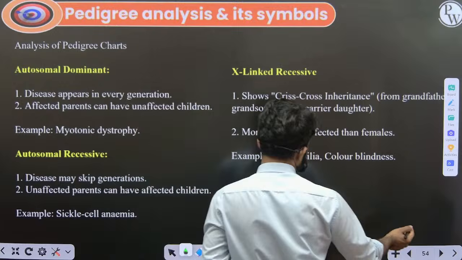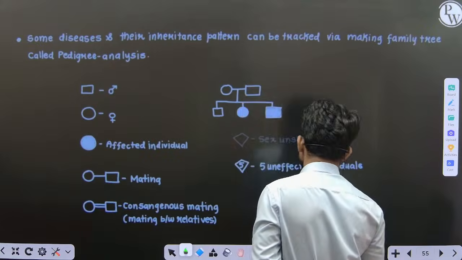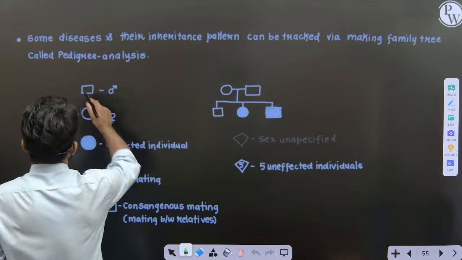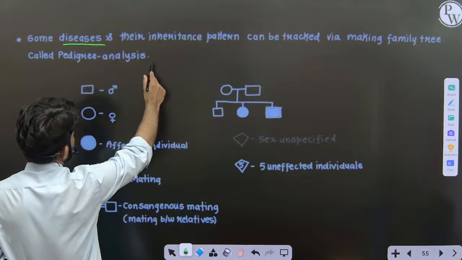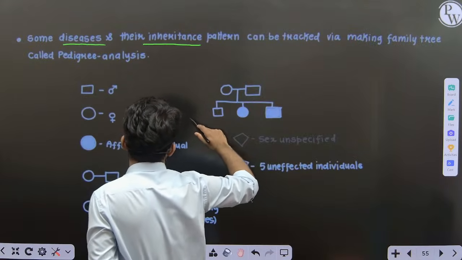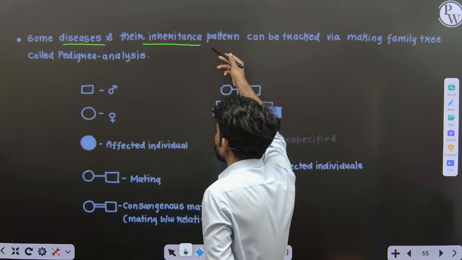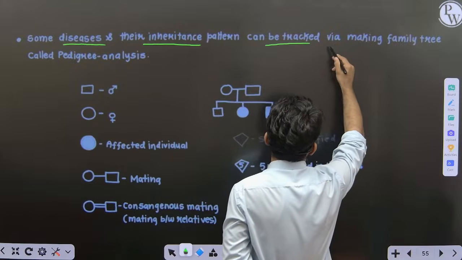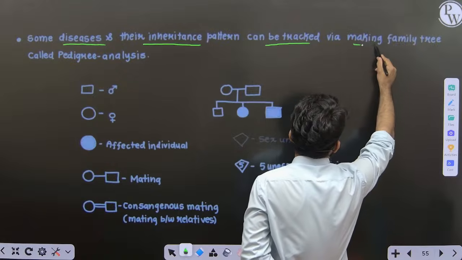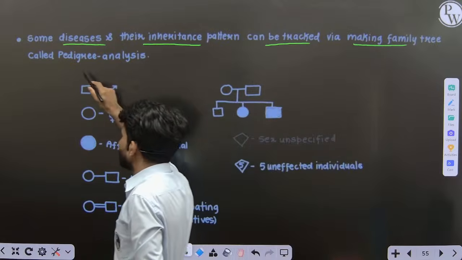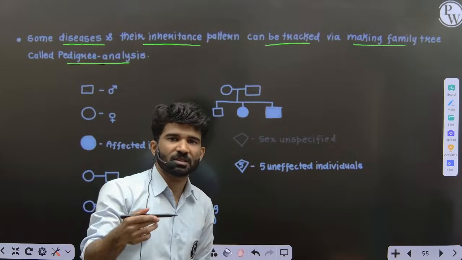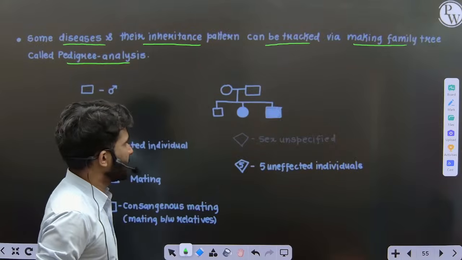First we will go through the symbols, then we will study the chart. There are some diseases, and how they are transferred from one generation to another is called the inheritance pattern. That can be traced by making a family tree called a pedigree chart, and the analysis of it is called pedigree analysis.